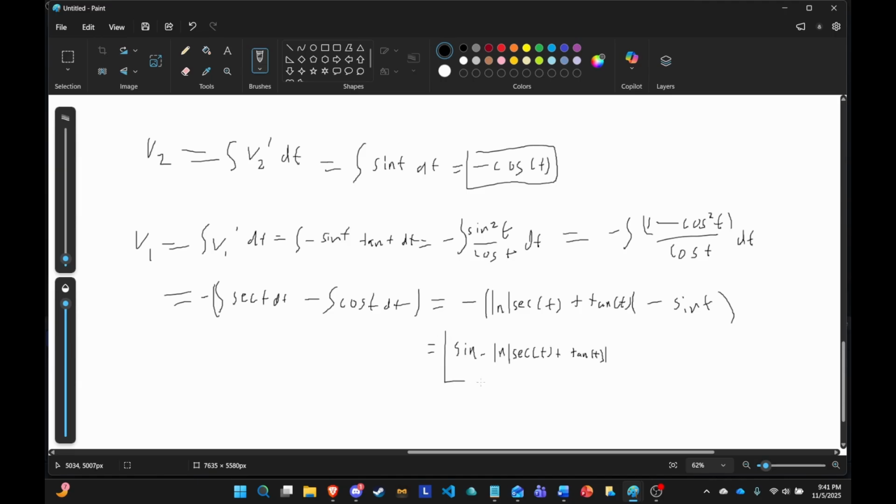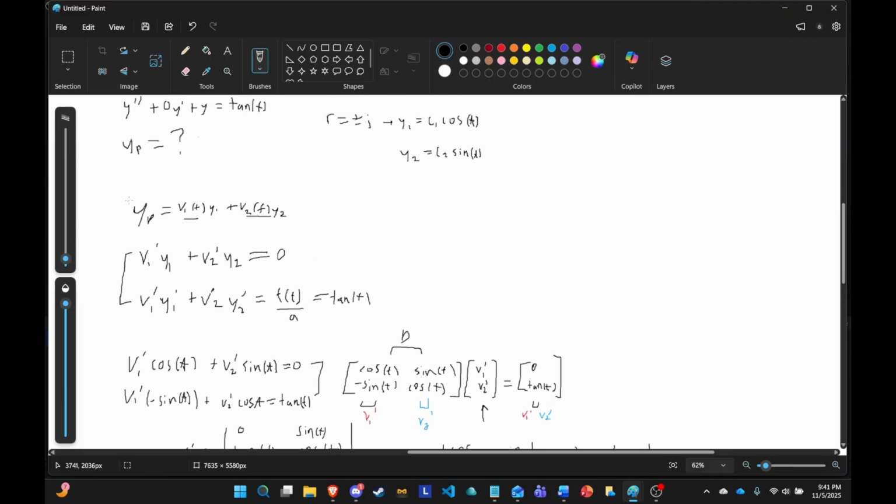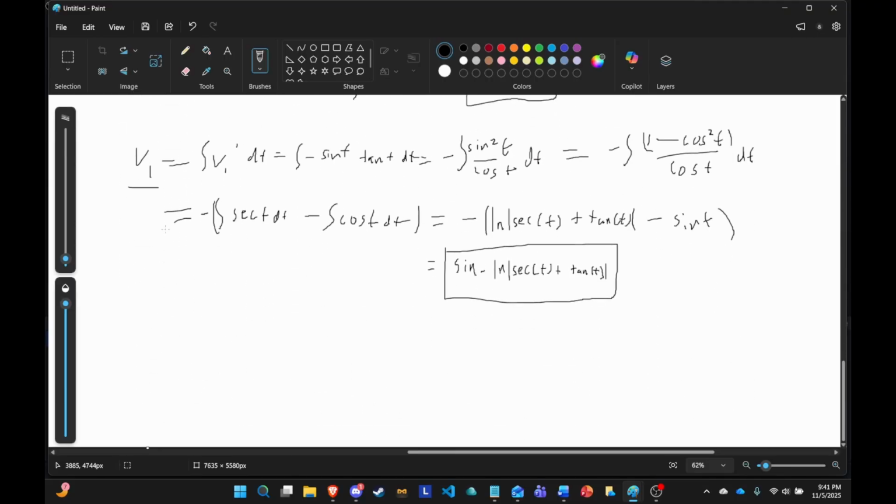Cool. So now all we need to do is take our v1 and v2 and plug them all the way back in to our particular solution. So our final answer, again I'll rewrite the particular solution, equals v1 y1 plus v2 y2.